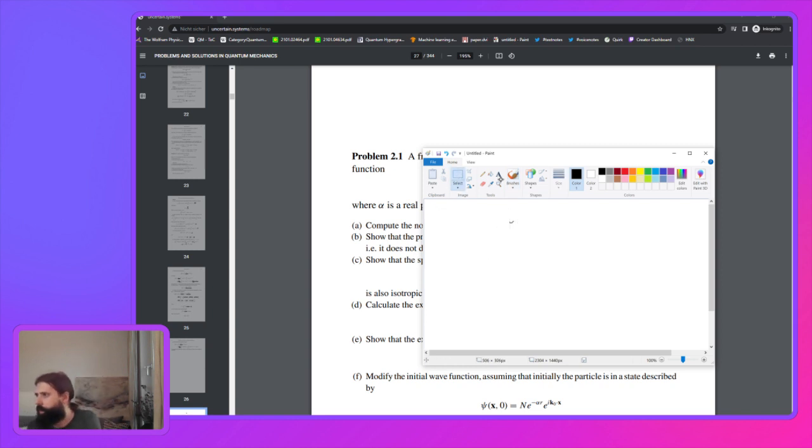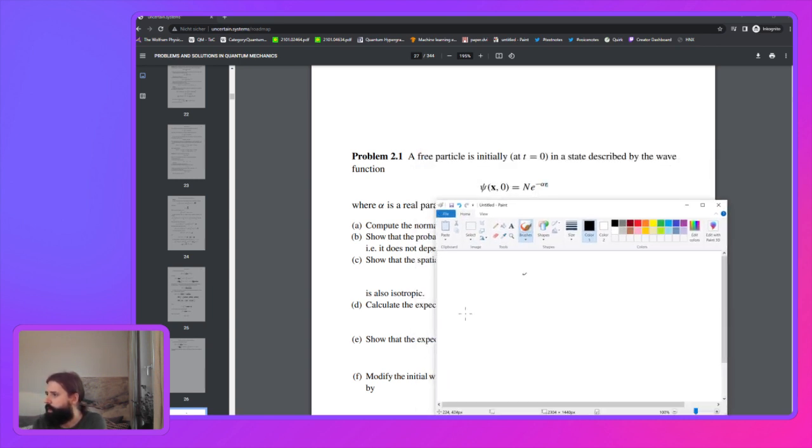So what we have is n times e minus alpha r. And so what we're doing is these times its conjugate. I'll call it star.